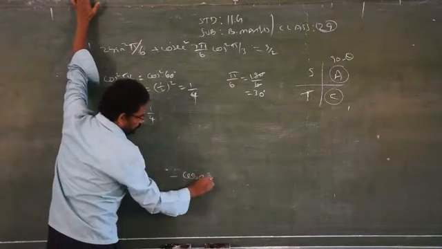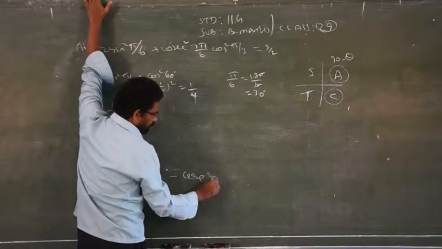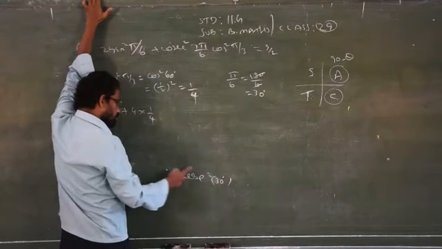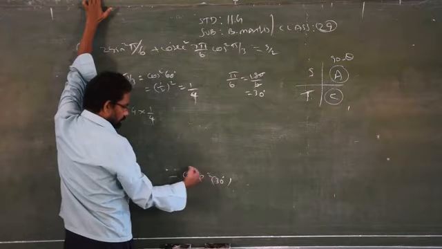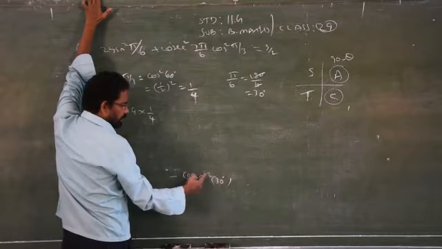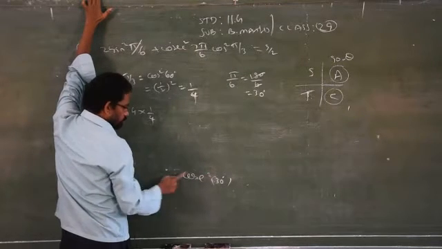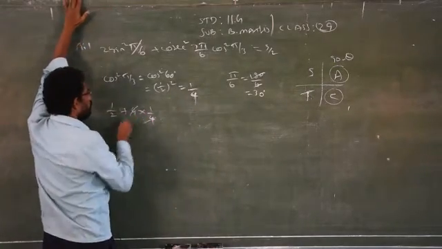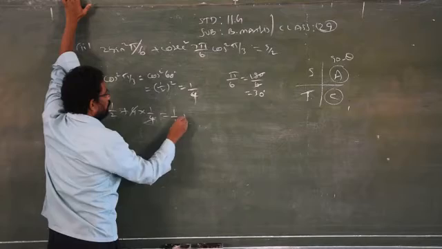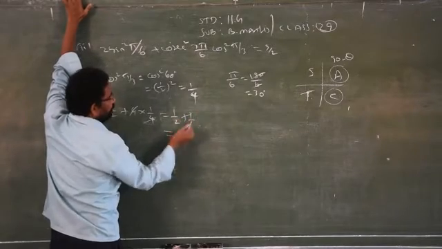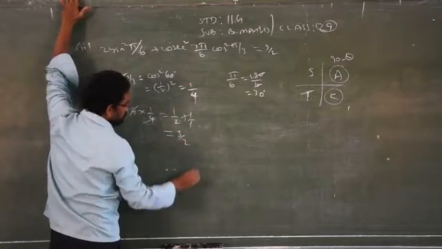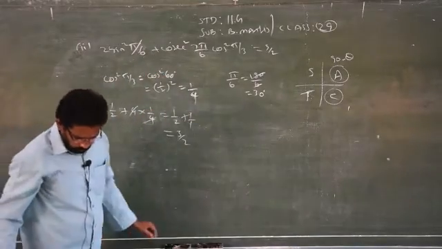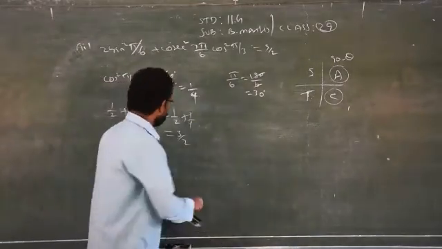Before, I wrote cosecant square 30 degree. This minus would be there inside the angle. Clear? If the minus goes inside, the square will change the negative into what? Positive. So this 4 gets cancelled, you will get 1 by 2 plus 1. By applying cross multiplication, you will get how much? 3 by 2. Clear? So hence we proved the third one.